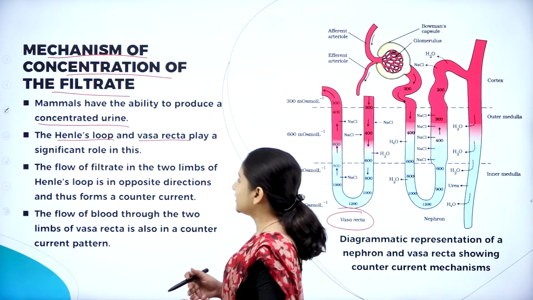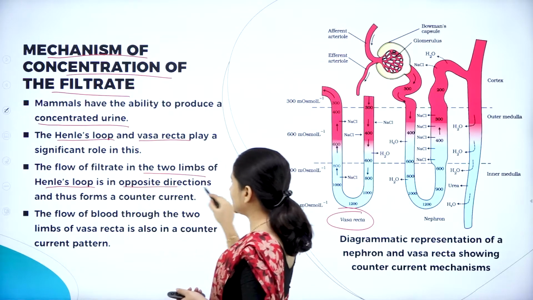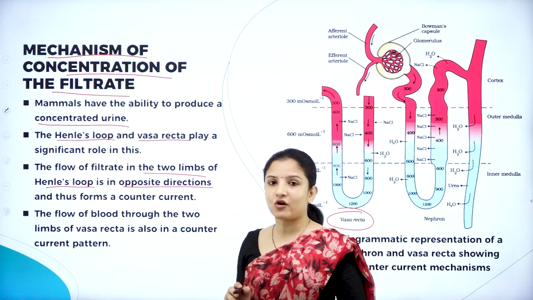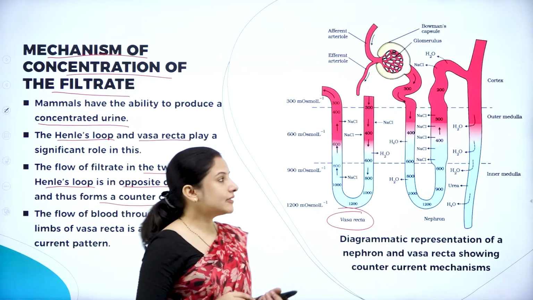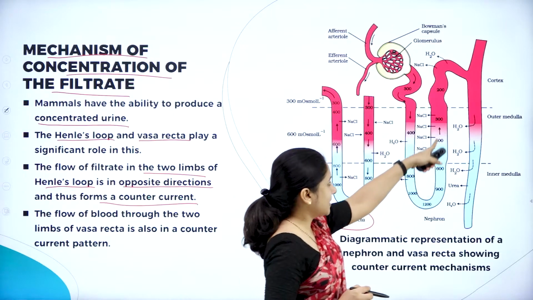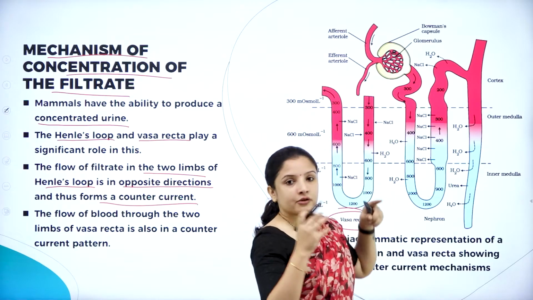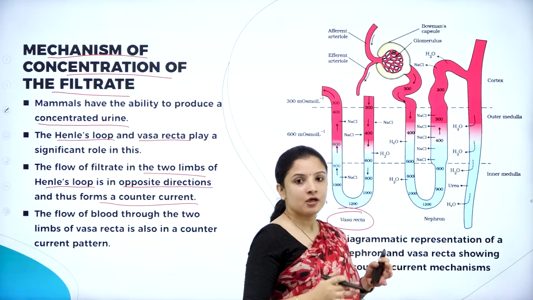So the flow of filtrate in the two limbs of the Henle's loop is in opposite directions, and therefore it is called a counter current mechanism. I told you the Henle's loop has a descending limb and an ascending limb. Will the urine filtrate flow in one direction here? No, right?